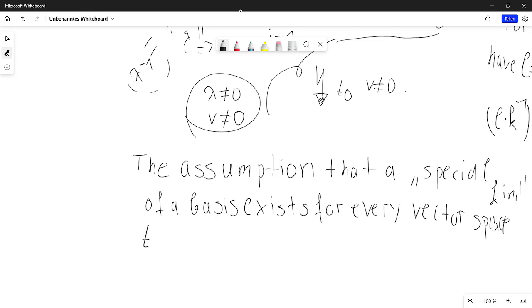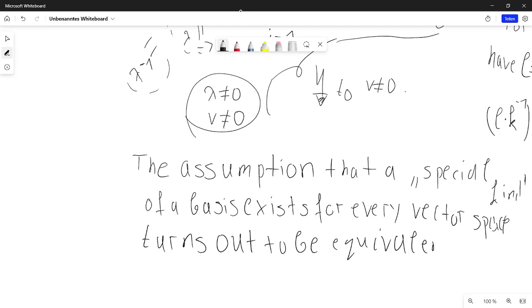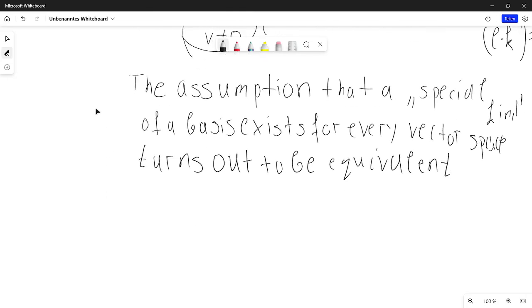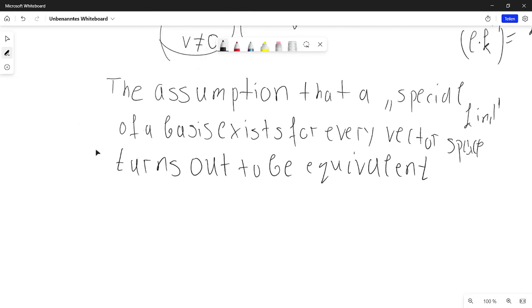Turns out to be equivalent to the axiom of choice. And if you don't know, the axiom of choice is a result that can be assumed in mathematics, that need not be assumed, but actually many beautiful things don't work without it.